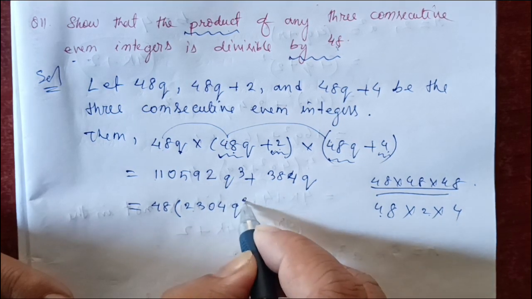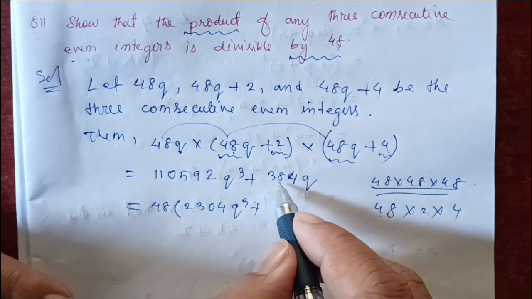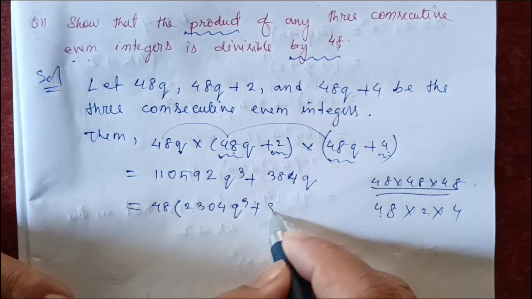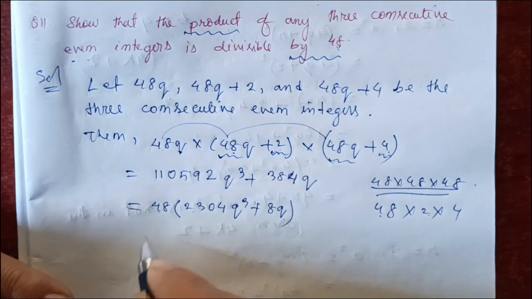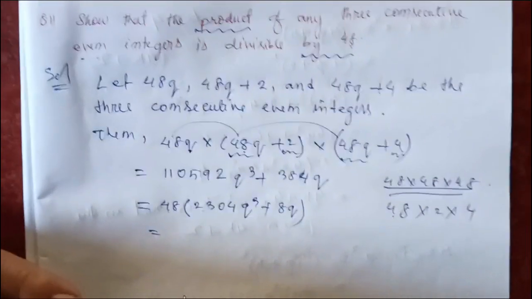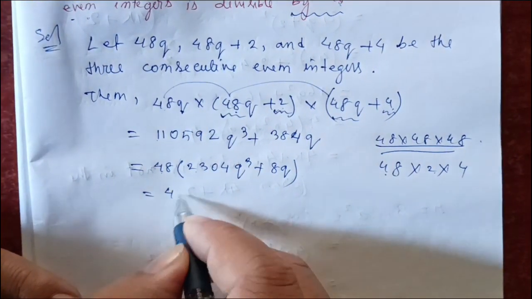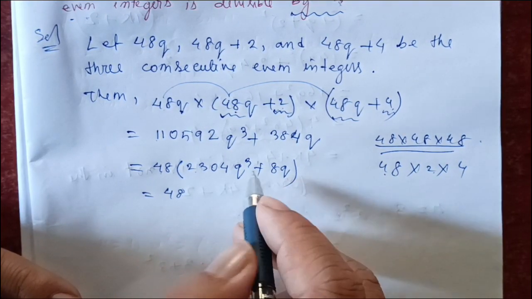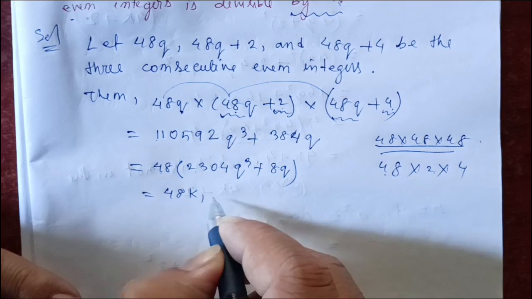So q, we still don't touch it. And then this 384, when you divide by 48, you will be getting only 8. Alright, okay, then this 48, those numbers which are inside the bracket, I told you, replace with k.